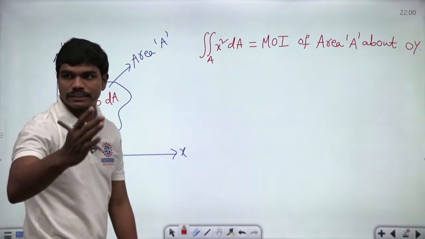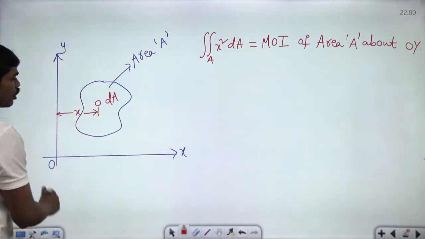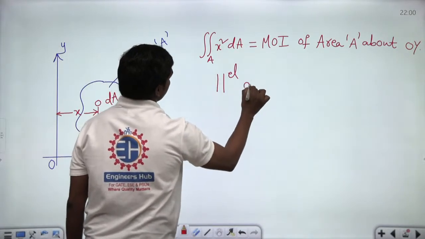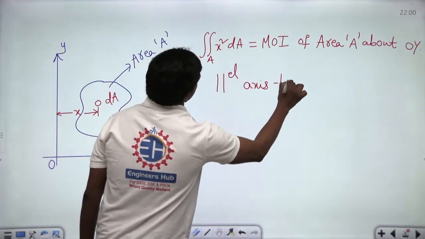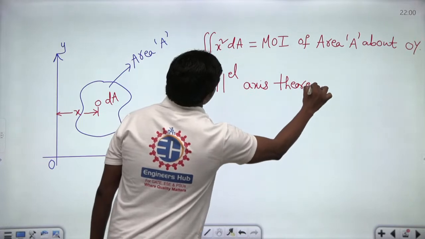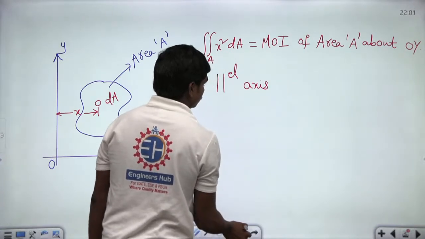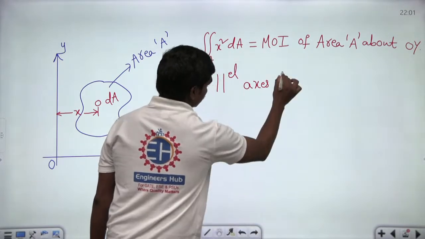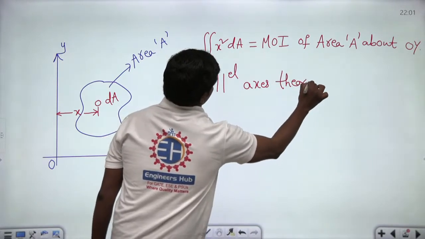If you can remember from your basic mechanics classes, there is something called the parallel axis theorem. And what does this parallel axis theorem tell us? I think it should be AX. Okay. So the parallel axis theorem.